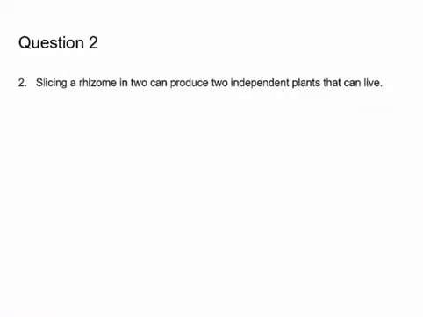Question 2. Slicing a rhizome in two can produce 2 independent plants that can live. A couple of key ideas here. The plants have to be able to live after you cut them, so they have to be independent after cutting them in two. And we're talking about this act of slicing. One of our key clues here is the idea of the rhizome.